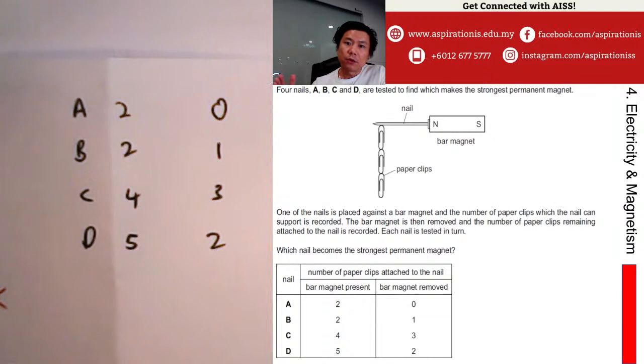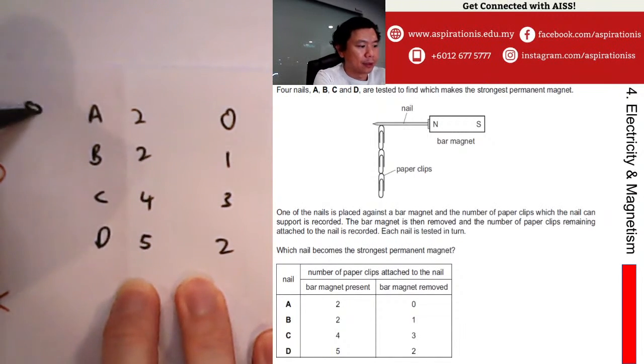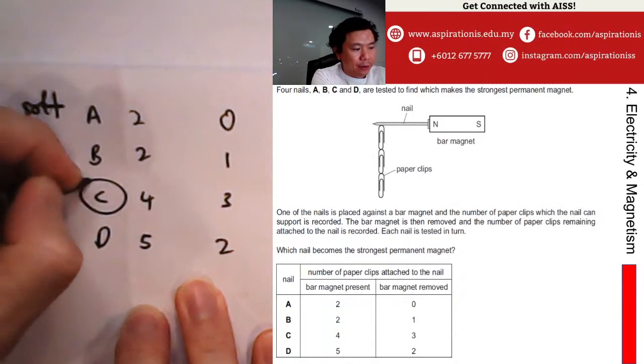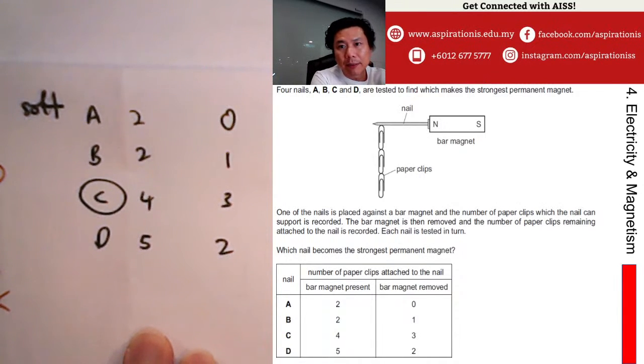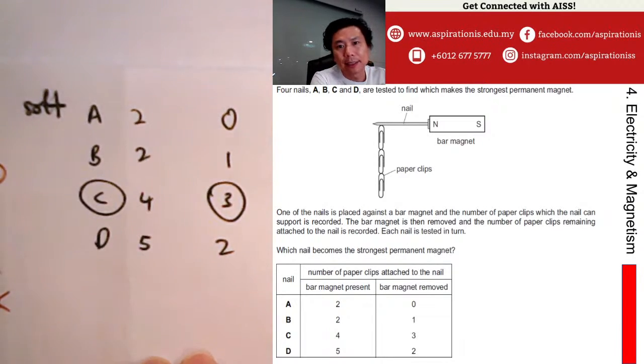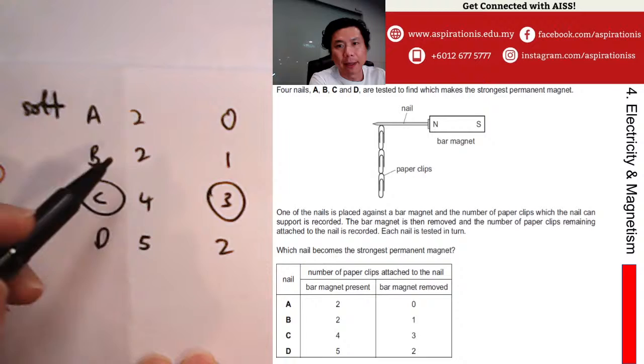Soft magnetic material would be A, because it totally lost its magnetism when the bar magnet is removed. When the bar magnet is removed, all the clips fell. So A is soft magnetic material. The nail that is the strongest permanent magnet is C, because you're looking at this. This does not matter.